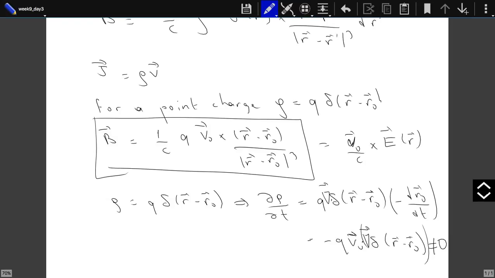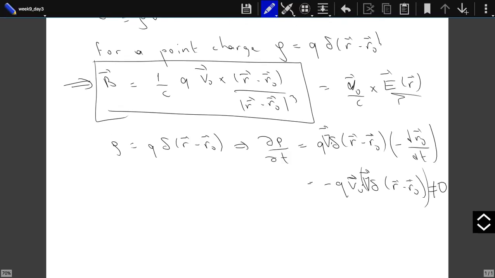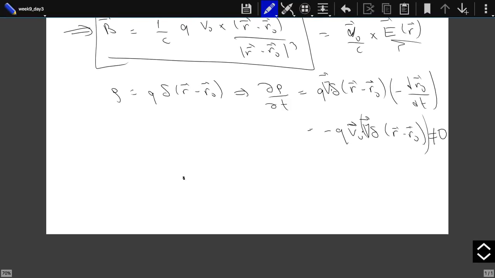Okay, with that grain of salt, this is the magnetic field created by a point charge, which we can also relate to the electric field it creates. So you see, we have this point charge over here, which is moving in this direction with a velocity v0. Let's assume that it is creating this radial electric field.